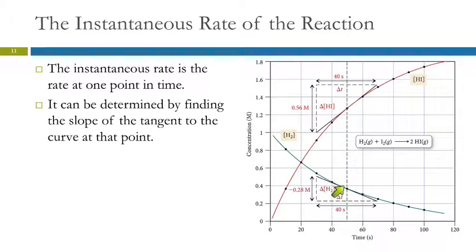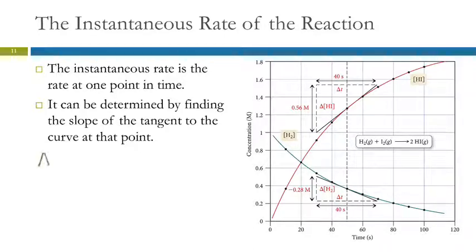So here's the one we were looking at earlier, change in hydrogen ion concentration. If we look at this point, this is at 50 seconds, and you look at this tangent line, you can find that the change in the concentration of hydrogen was 0.28. Actually, let's write that down.